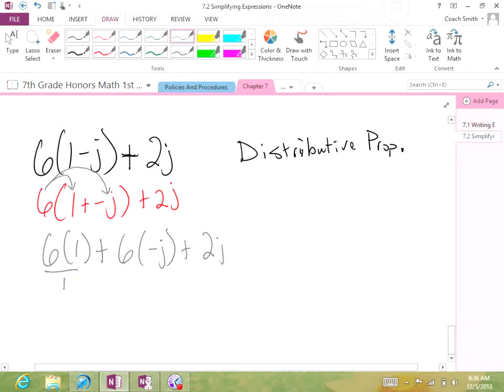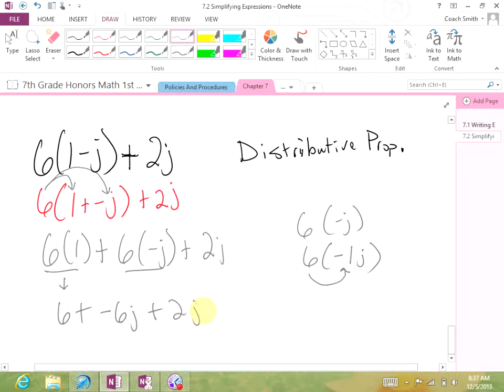Well, 6 times 1 is 6. 6 times negative j, remember, is the same thing as 6 times negative 1j. So what is 6 times negative 1? Negative 6j plus 2j.